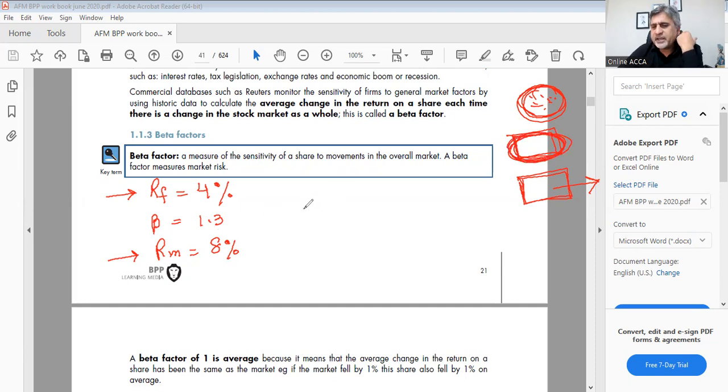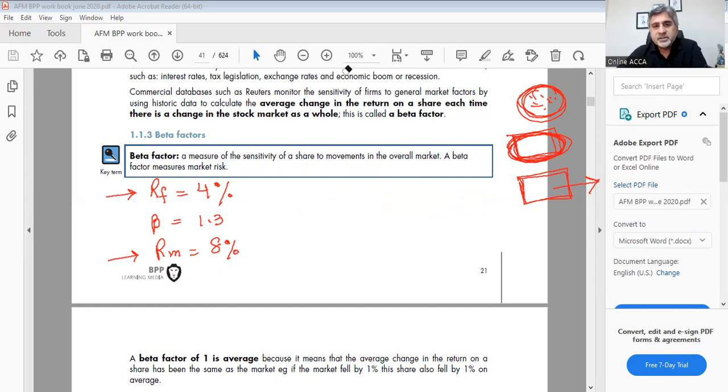And I say, okay, can I calculate my cost of equity as 4% plus 1.3 into (8% minus 4%), that is, RM minus RF? This is one way of doing it. So I was actually about to do it, but suddenly I realized that there is some problem.